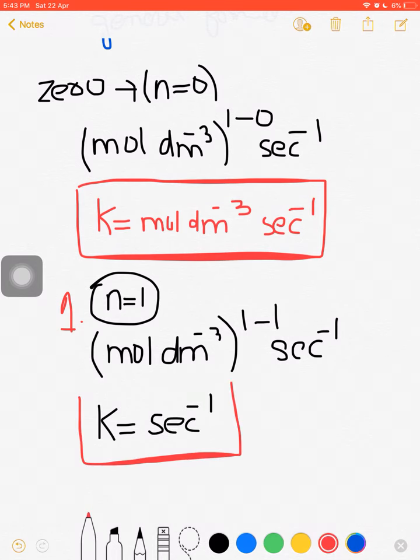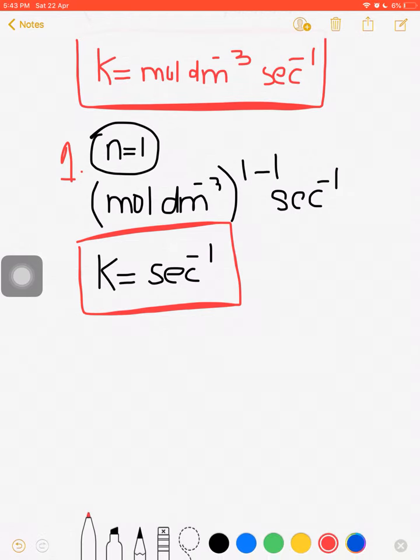Must learn this one, this is very important. If I tell you the unit of the rate constant is only second inverse and ask what the order of reaction is, you can easily identify that the order of reaction will be 1, right?